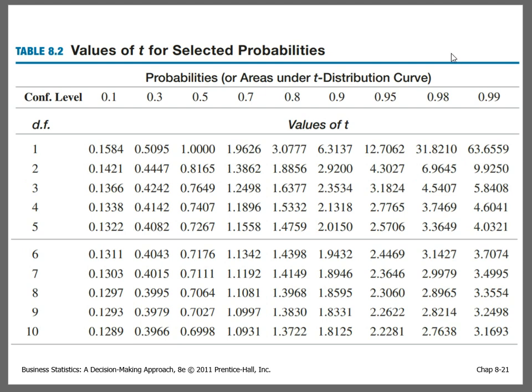The table here shows the values of the t distribution where the critical values can be found for some selected probabilities. You can again pause the video and take a screenshot of the table for the next 4 slides.